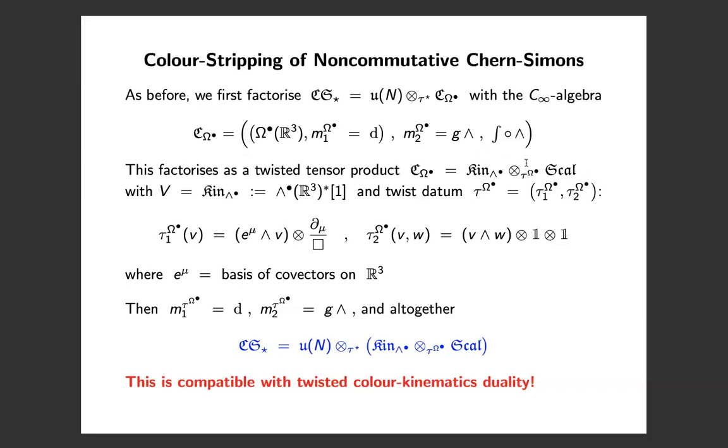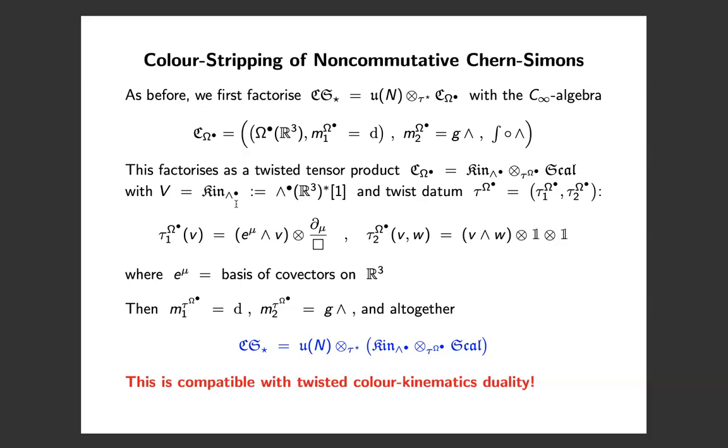So I can factorize it with a twisted tensor product between the L-infinity algebra of my cubic scalar field theory, SCAL, and a kinematical vector space that I call kin. That's essentially just the exterior algebra of the dual of R3. There are some technical details about degree shifts and so on here, and the twist datum is defined by these formulas here.